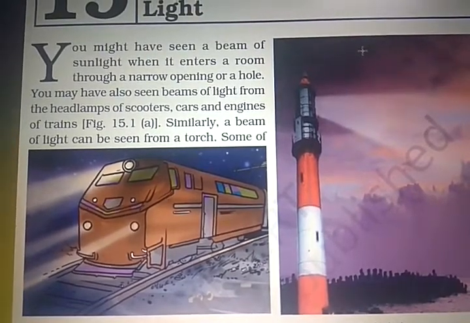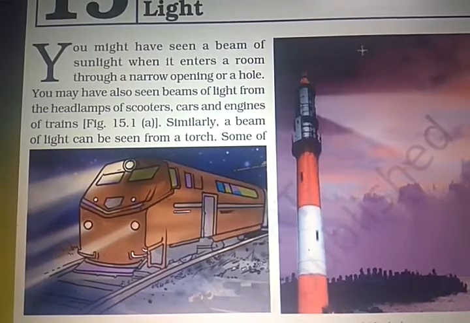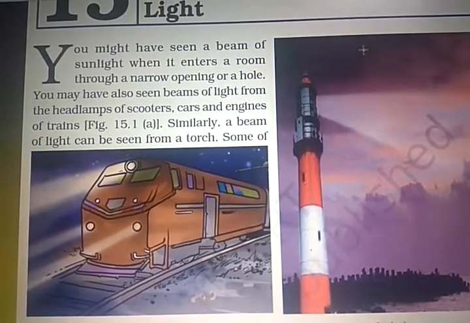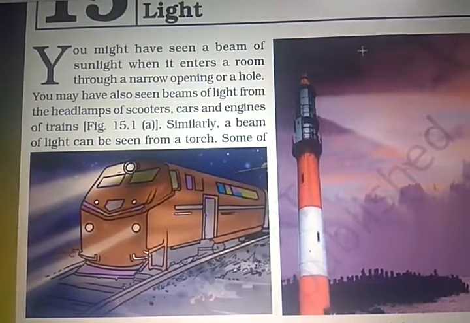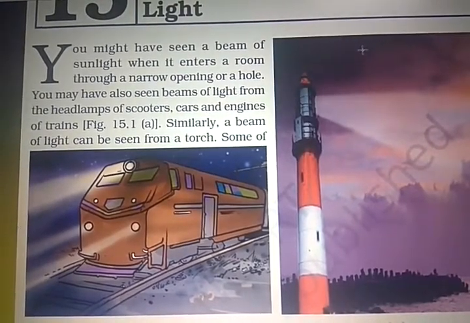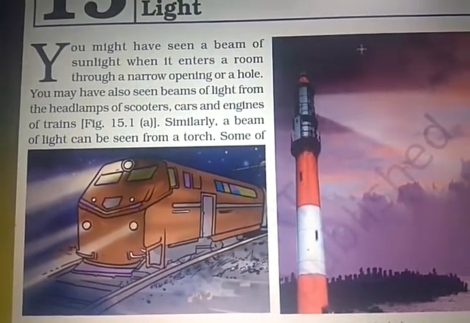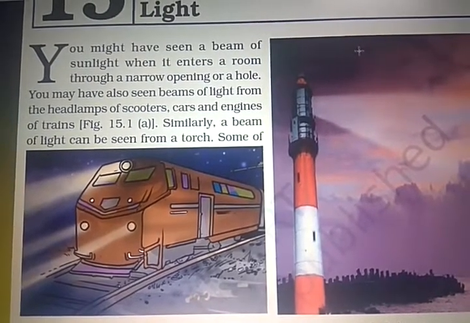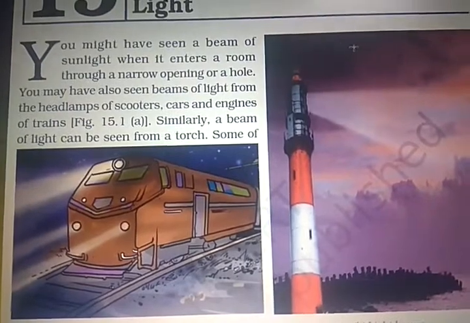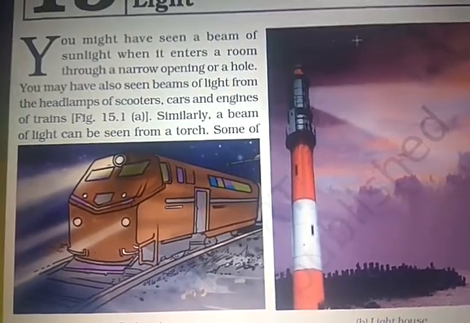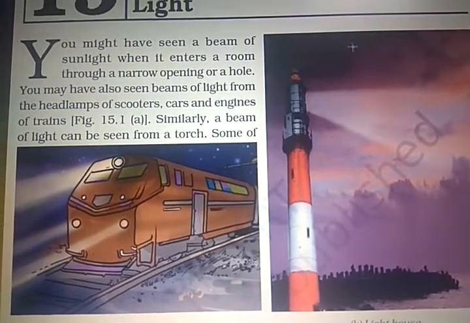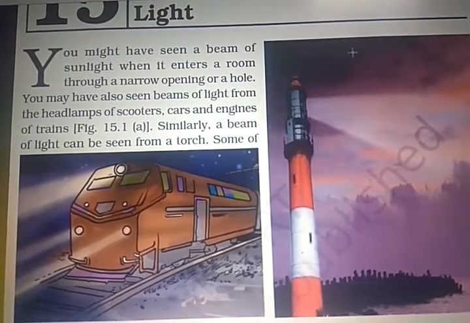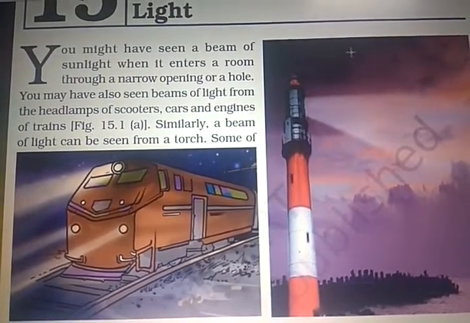When the sun rays come from that forest area, you can see a straight path. At night, when you switch on the torch, you see the path of the light rays. You can also see the path of the light rays from the headlights of vehicles.